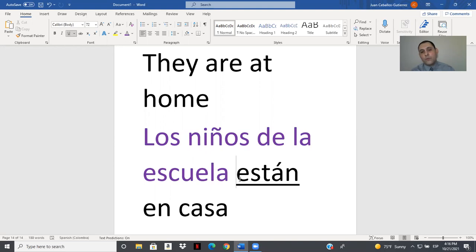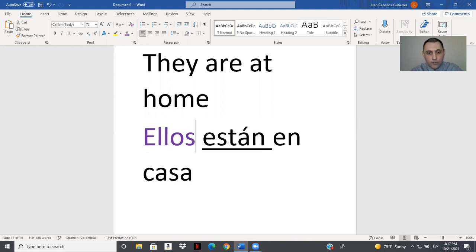It could be a combination of girls and boys or just boys, but it's considered masculine. Okay, and it's third person because I'm not calling you niños, I'm not calling you kids. I'm talking to you about kids. That's third person plural. Okay? And if I want, I can replace all these subject, I can replace it for ellos.